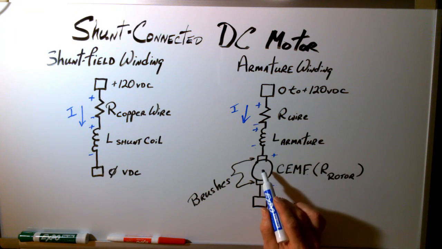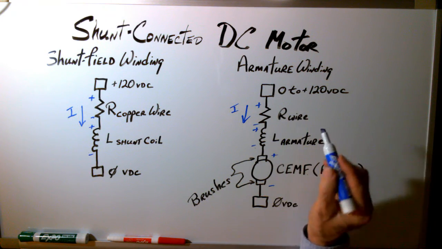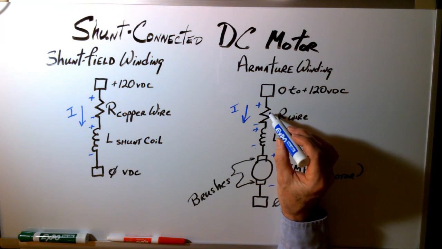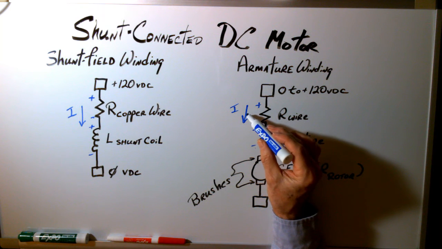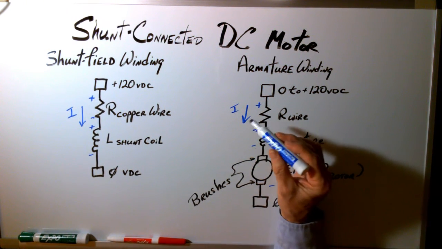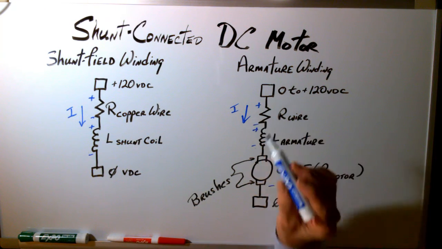If it goes all the way to zero, the only thing that it has left to oppose current flow is the resistance of the wire. And that resistance is not that big. And since that's the case, this current can climb to a very high number, okay? Hopefully blowing fuses, or hopefully tripping a circuit breaker, or hopefully you've got current limit on the drive, and that prevents excessive current, okay?